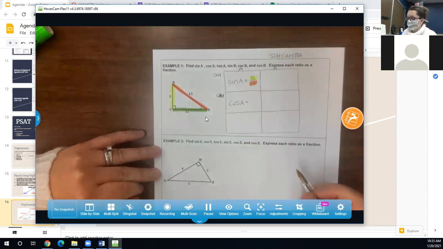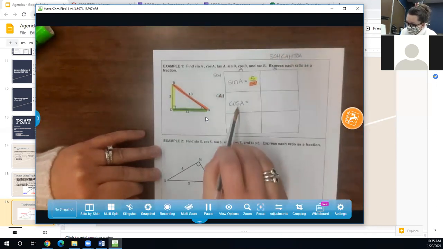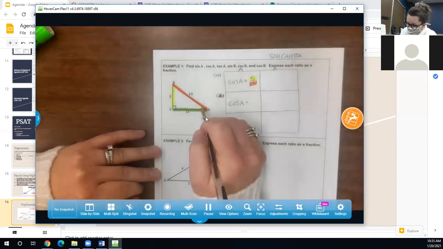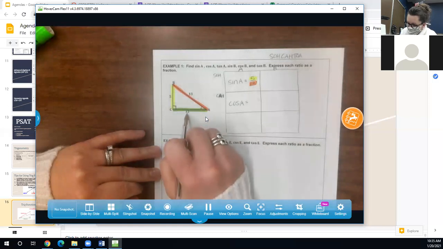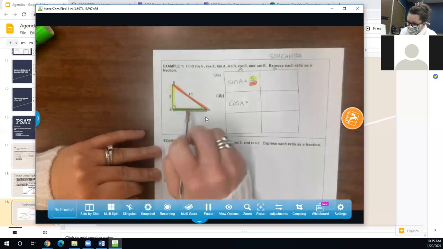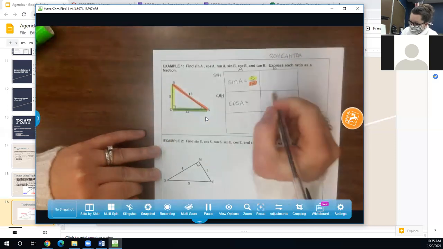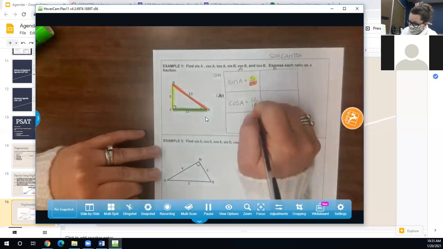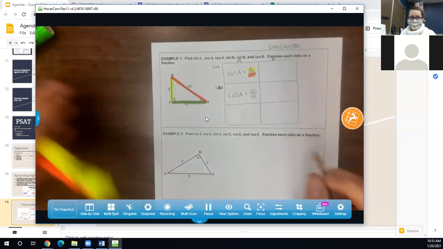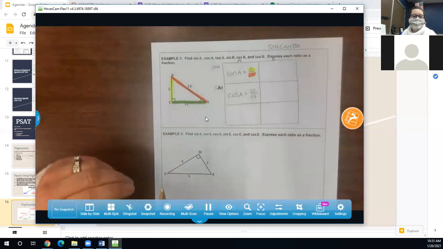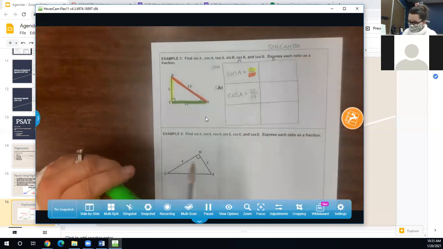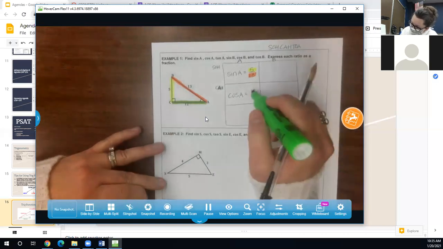It doesn't mean anything, it's just a good way to remember it. So cosine of A, starting with A, so I want next door neighbor, right? Adjacent is next door neighbor. And hypotenuse is always the same, 12 divided by 13.